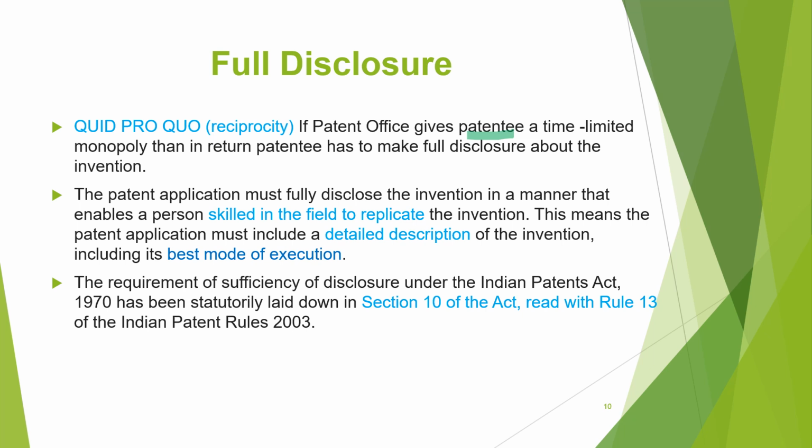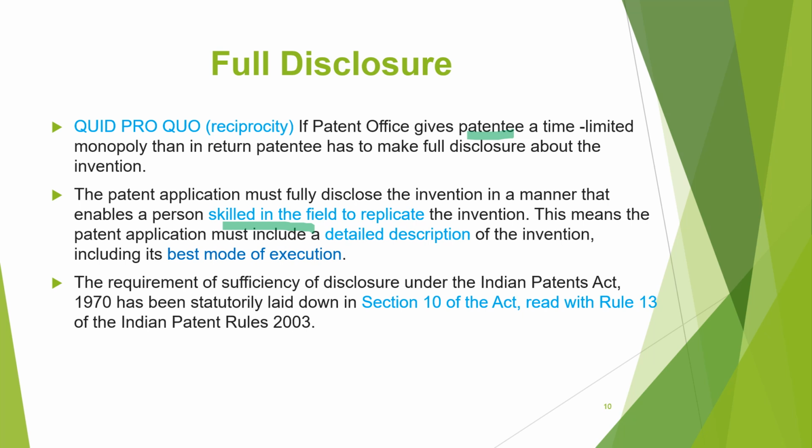What is expected in return to the society is that he should make full disclosure of the information relating to the invention so that a person skilled in the field to which the invention is related, if he goes through the disclosure, can replicate the invention.